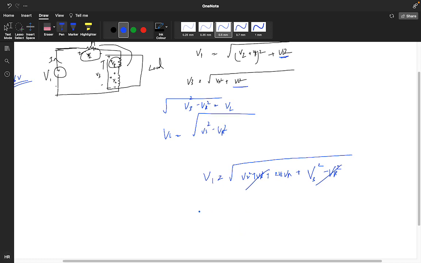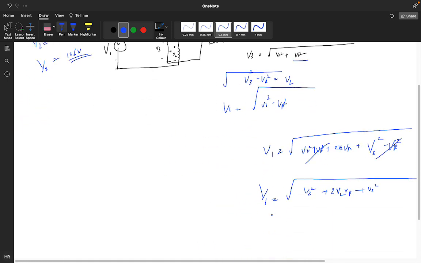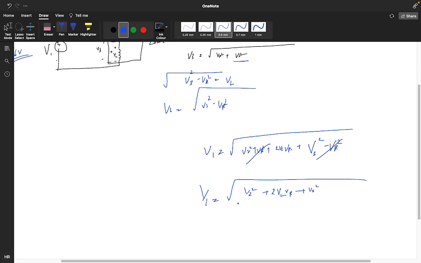So V1 is equal to root under V2 square plus V3 square plus 2 V2 VR. Okay, now you know the value of all of these.